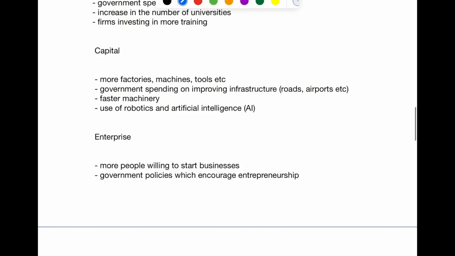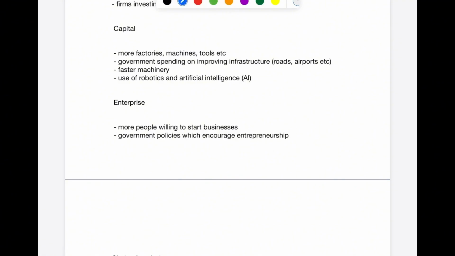Okay, let's just look at labor. We have increased emigration. If lots of people emigrate and leave the economy and join another economy, then there will be less labor available within the economy. Also if we look at enterprise, it could be that some entrepreneurs are moving their businesses to other countries, and this would mean there would be fewer entrepreneurs available within the economy.